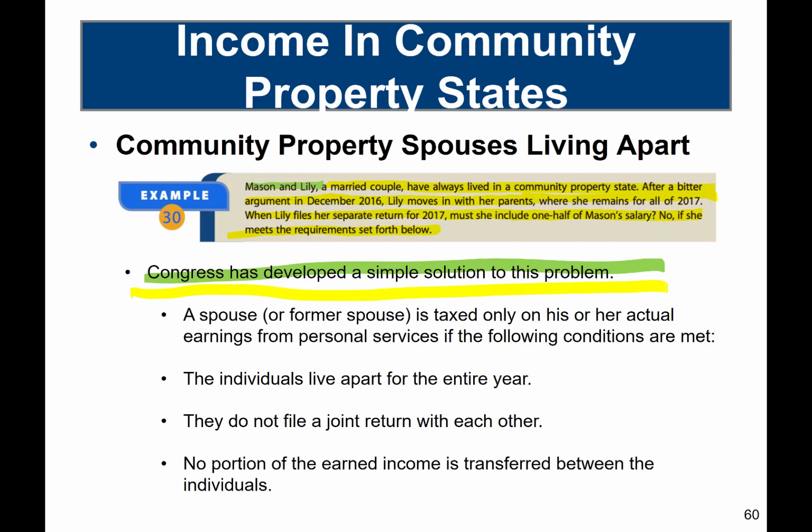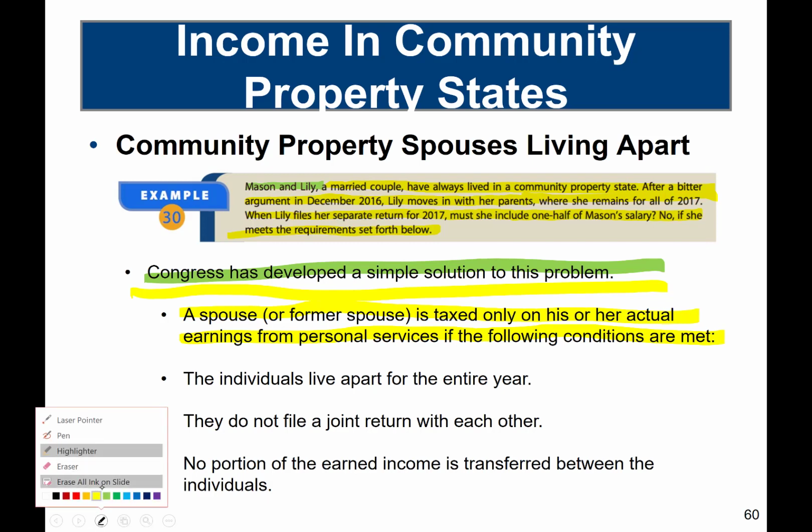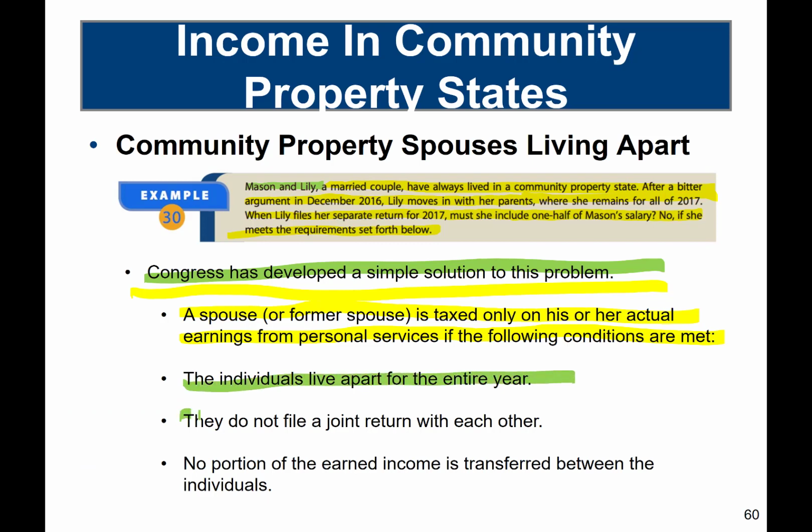A spouse is taxed only on their actual earnings from personal services if the following conditions are met: the individuals live apart for the entire year, they do not file a joint return, and there was no money being distributed back and forth amongst them. If they meet those requirements, then they don't have to claim half. That gets us out of the community property rules. Okay?